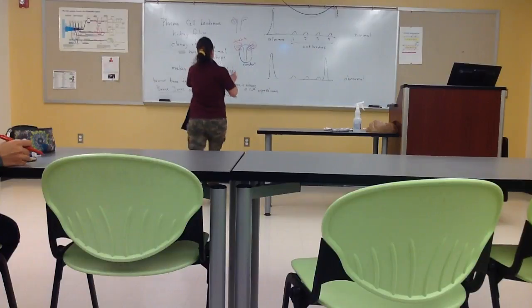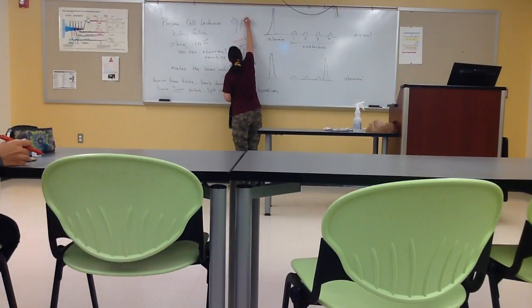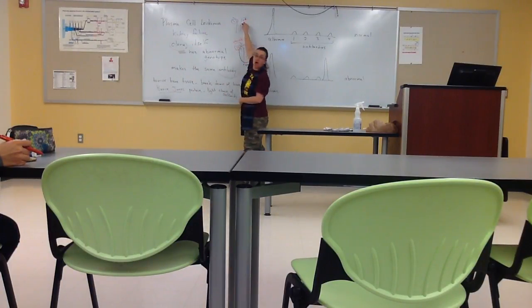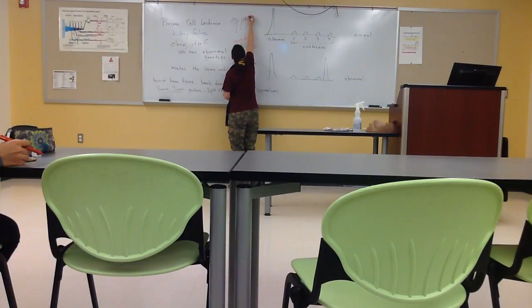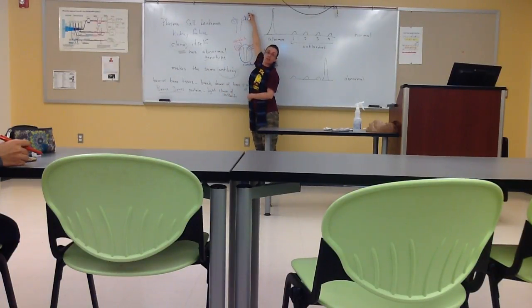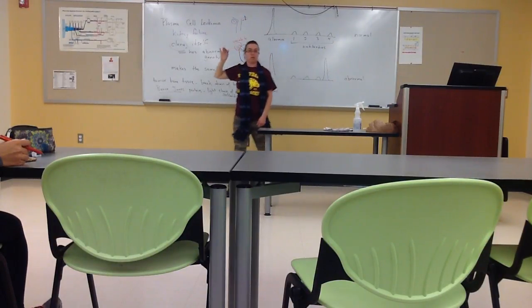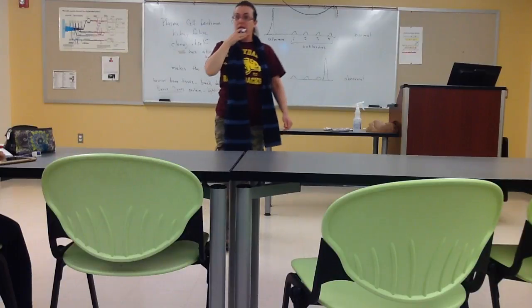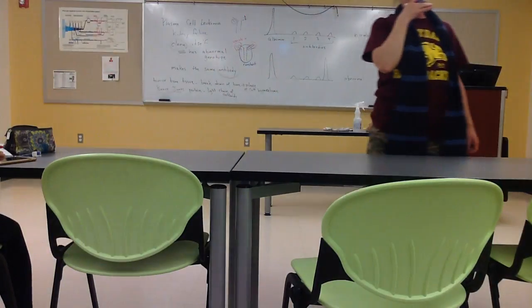And that's why your light chain, half of it is variable, half of it is constant. All right? And then this part of the heavy chain, this part is variable. So these two things are variable because they're going to be specific for a specific epitope. But this is a constant region. Other questions?